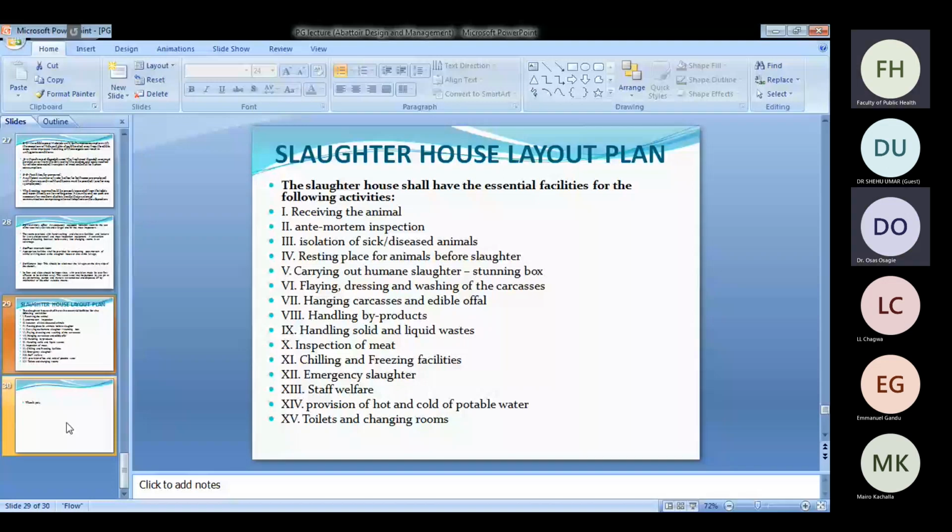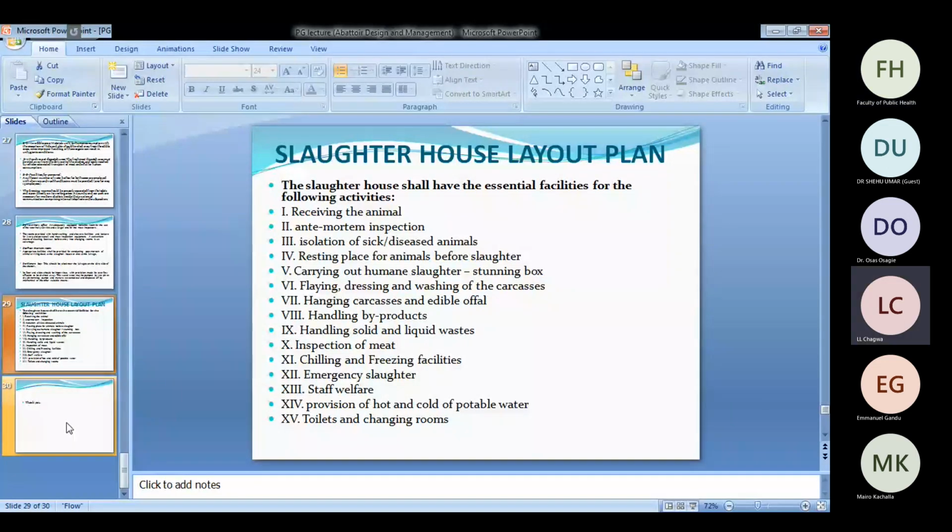Do we have waste from the lairage? Yes, sir. That's the feces, the urine, the wastewater. What of this water? How do we have waste from there? Yes, the content of the guts.